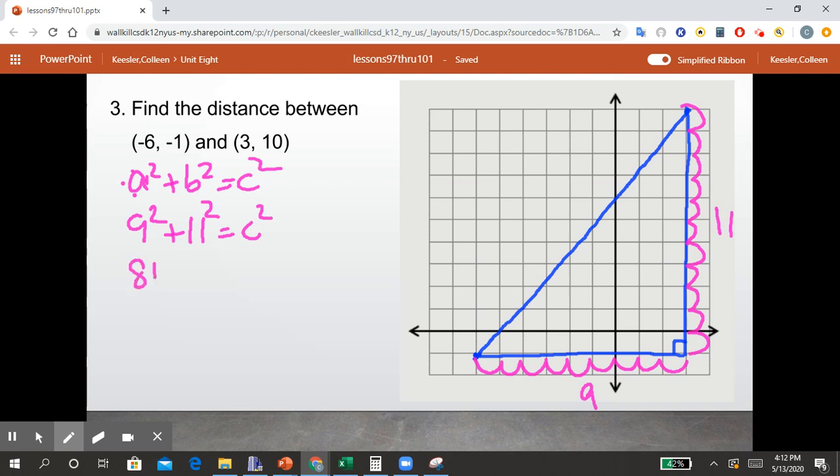9 squared we know is 81, and 11 squared we know is 121. Adding those together, 1 and 1 is 2, 8 and 2 makes 10, and then 1 and 1 is 2. So it's 202 equals c squared, which we know is not a perfect square. So we're going to take the square root and estimate to the nearest tenth.